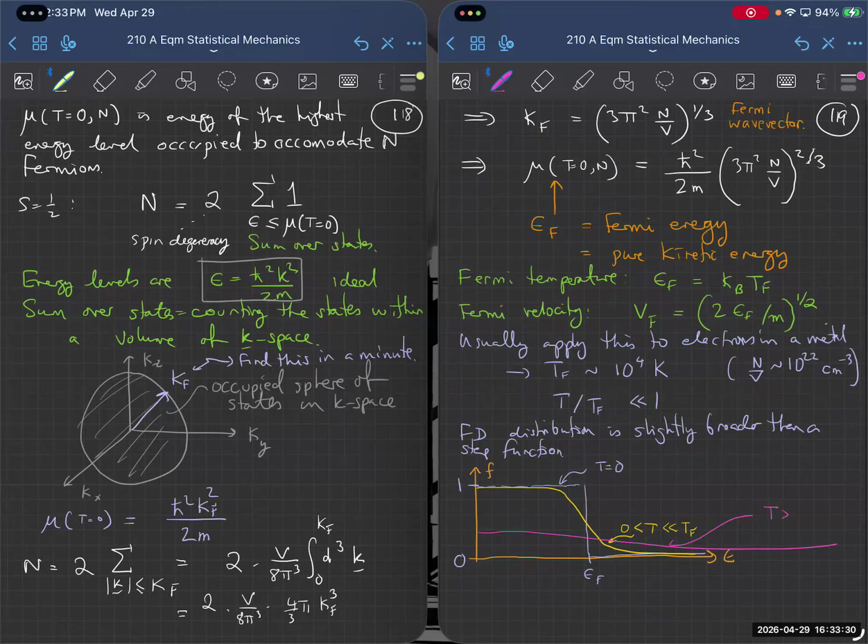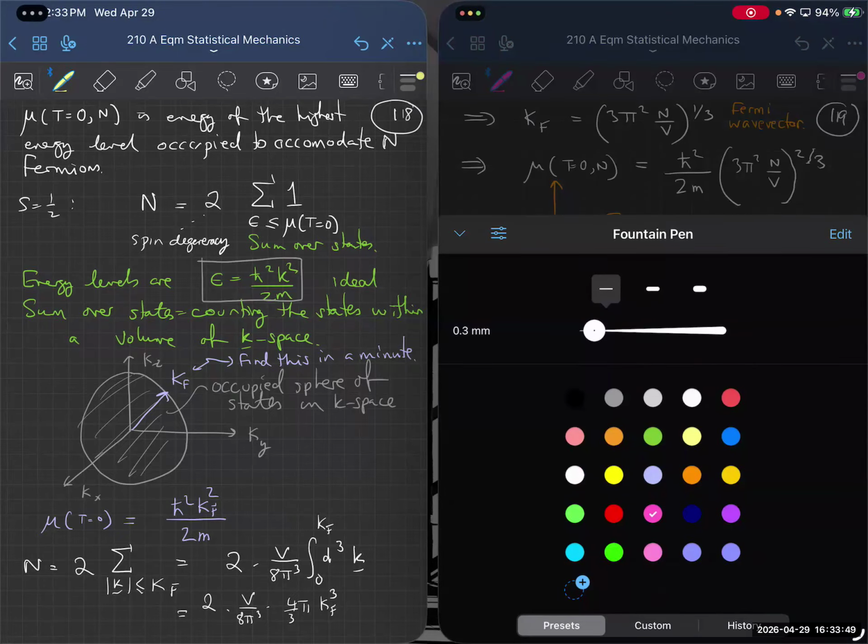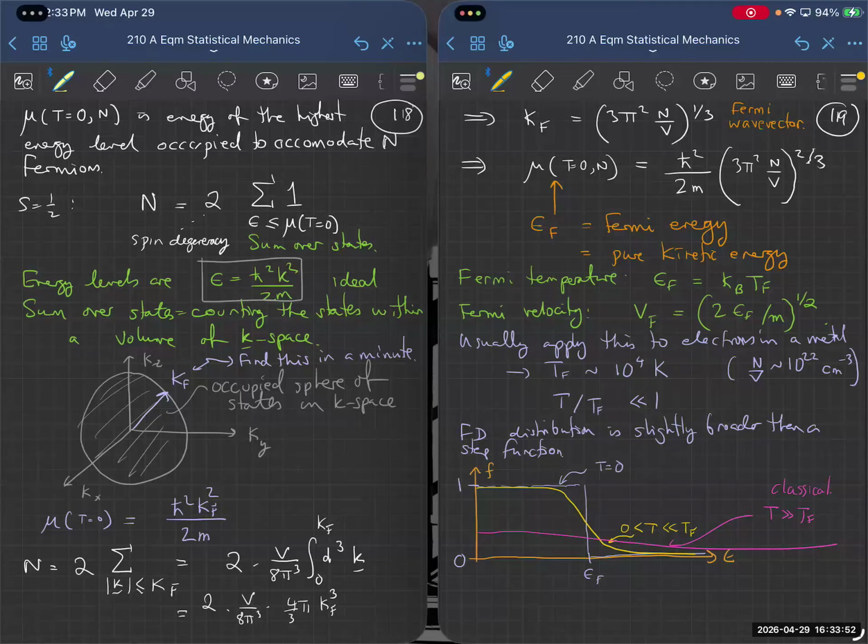So this would be T much greater than TF. Most of the states have a very small occupation number, and so this would be the classical limit. And this limit, which I'm drawing over here, would be the quantum degeneracy limit.